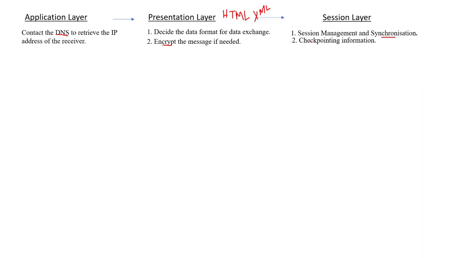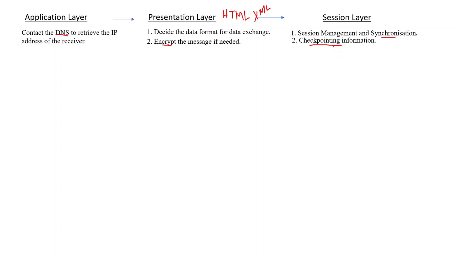And next is checkpointing. Information is also maintained by the session layer. If you have learned about checkpointing in your DBMS, you already know that checkpointing is actually a log record of how far the system has proceeded. So in this case, how far the conversation has proceeded. This is very important because sometimes there's a link failure, or the two computers get disconnected from each other.